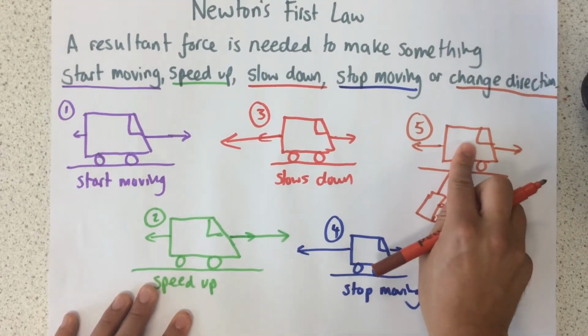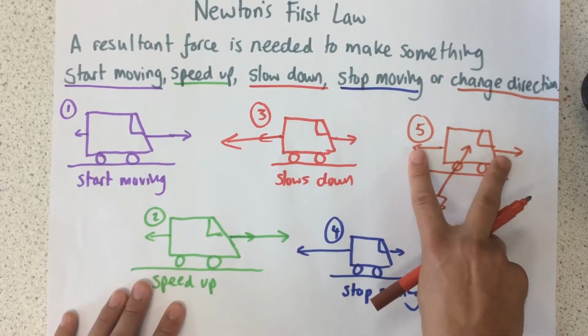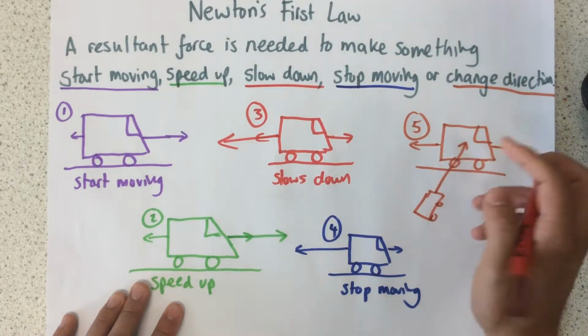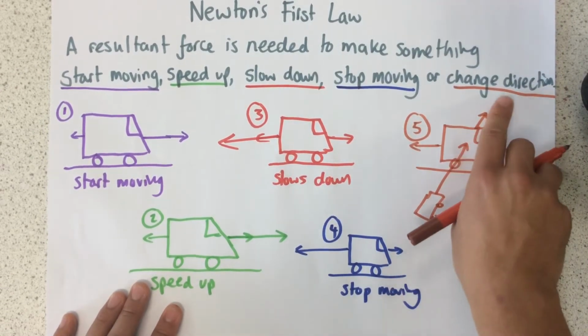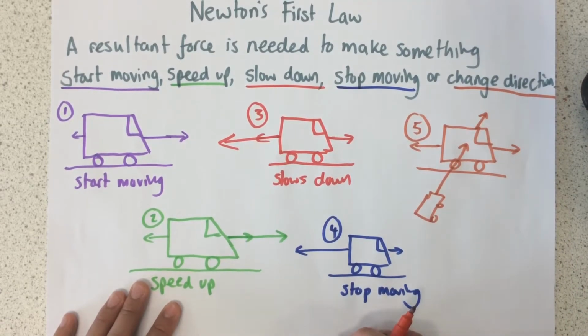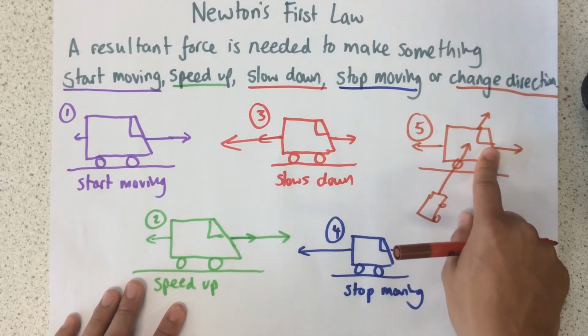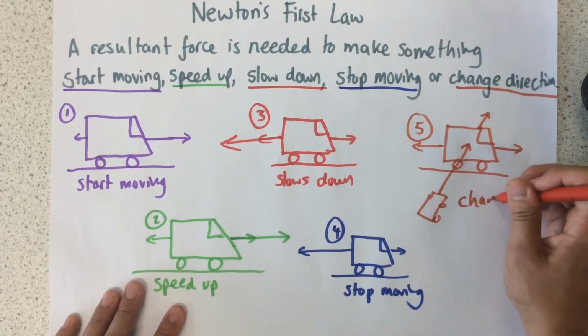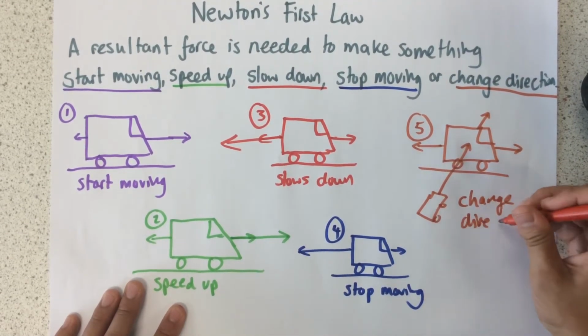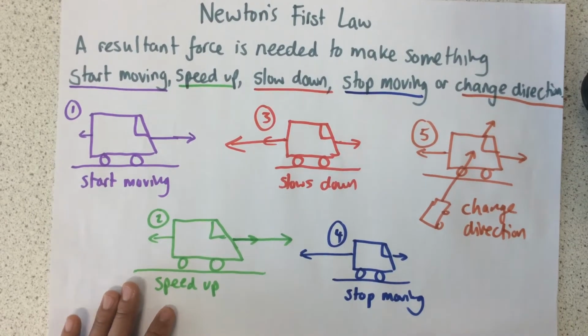This other vehicle comes smashing into the side. Because of the force applied here, we're going to have an overall force, which is a resultant force acting in that direction because the forces will be unbalanced. So we've actually allowed this vehicle to change direction. That is the final way that a resultant force can affect motion.